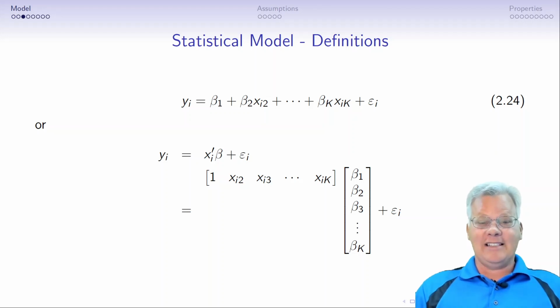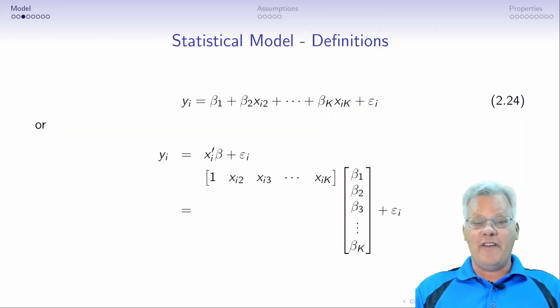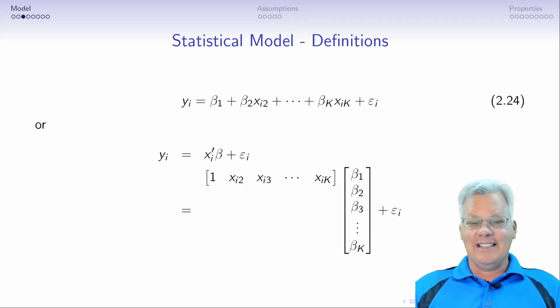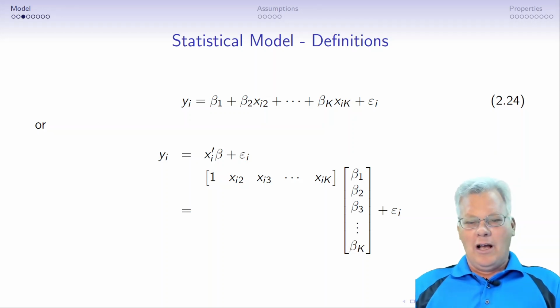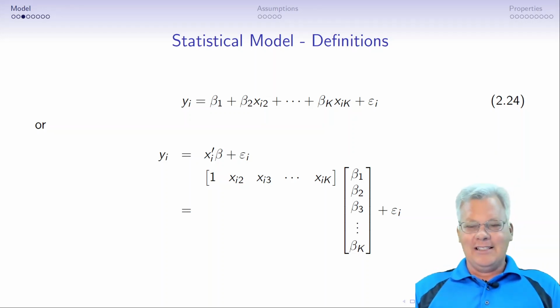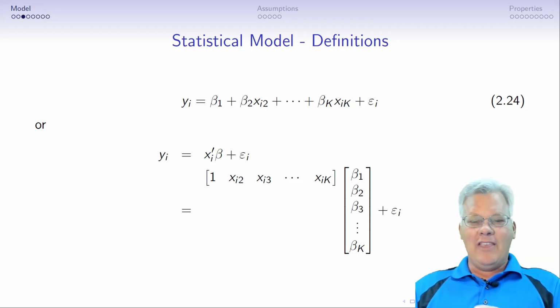And then x sub i transpose are the ith observations of all the explanatory variables. So we have 1, we have x sub i2. What that means is in the X matrix, the matrix of all the explanatory variables, x sub i2 is the ith row of X and the second column. And then x sub i3 is the ith row and the third column.